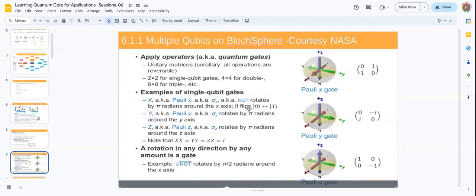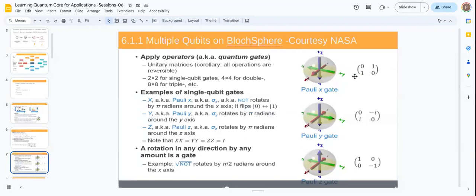So when you talk about an X gate, it flips. If you apply this matrix to any of the states, the state is flipped. So if you multiply ket 0 by this matrix, ket 0 is nothing but the column 0, 1.